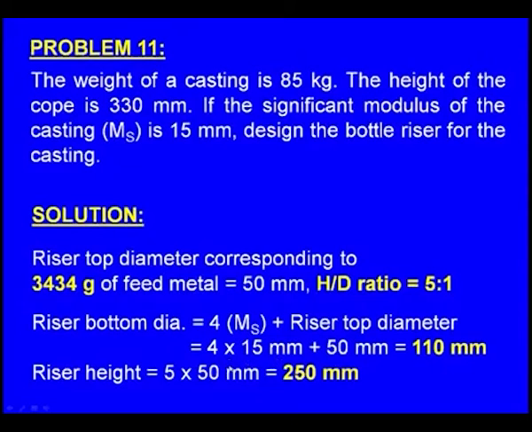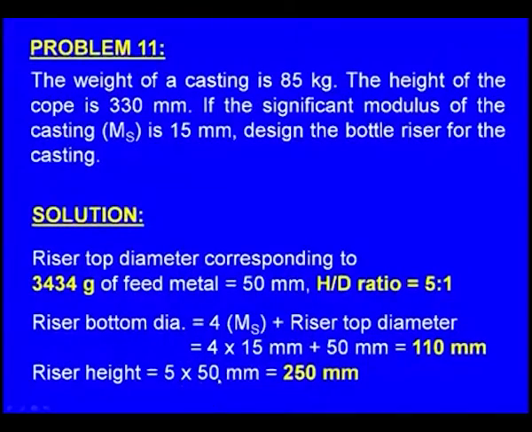Now, that is equal to 4 into 15 mm plus 50, that is equal to 110 mm. So, the riser height is equal to H by D ratio, 5:1, so riser height is equal to 5 into 50, that is equal to 250 mm. So, this is the riser height.